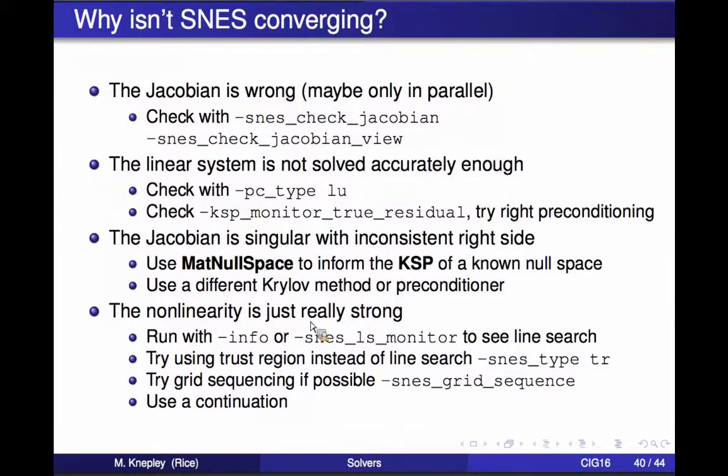So there's a lot of things you can do, and there's a really excellent web page about all the possible things you could do on this website called Stack Exchange SciComp, so Scientific Computing Stack Exchange. If you have solver problems, that is a good place to go, because people will answer your questions. And you can check a whole bunch of things, which I won't go over in too much detail unless people ask.